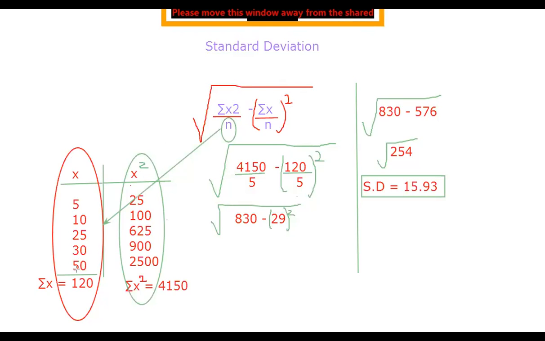So this is our individual series question, where only the variable is given. The very first step is to observe the formula.